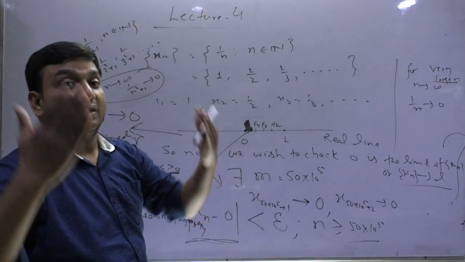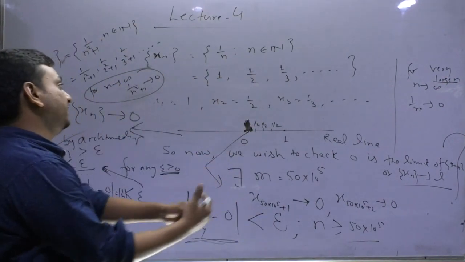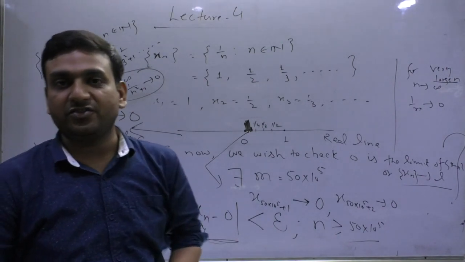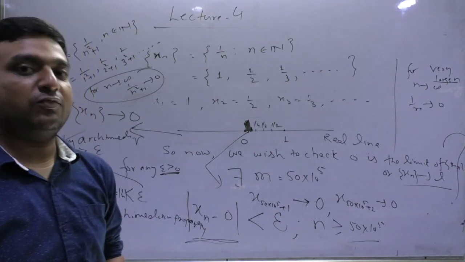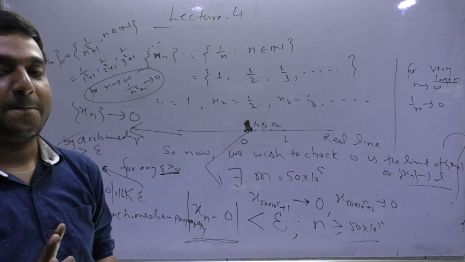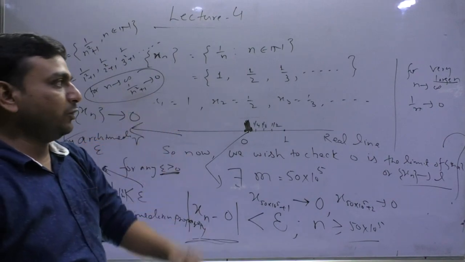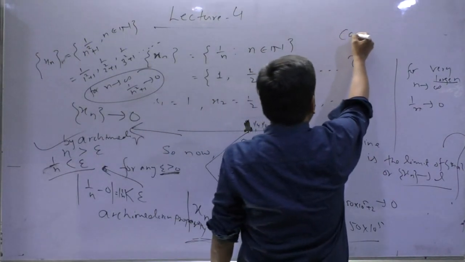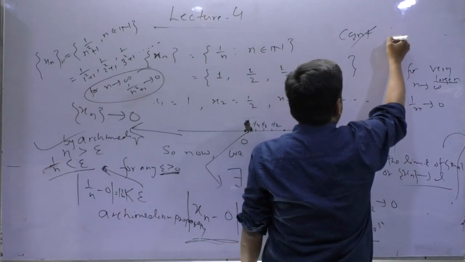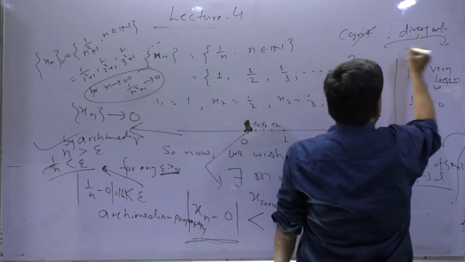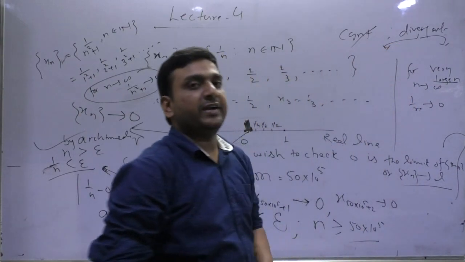In the definition, L is the limit of that sequence. Any issue in visualizing the meaning of convergence of sequences? If this does not happen, that is, if a sequence is not convergent, then it comes into the category of divergent, and divergence has two different categories.